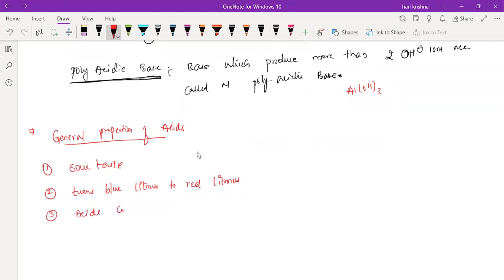Acids conduct electricity. It's very important. Next, acids are corrosive in nature. These are the 4 general properties of acids.